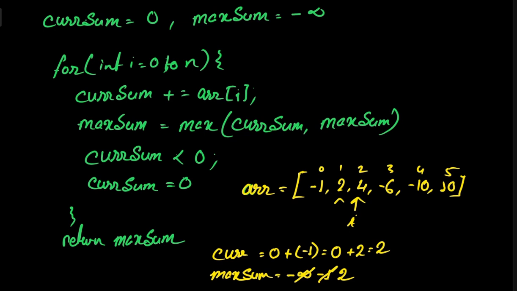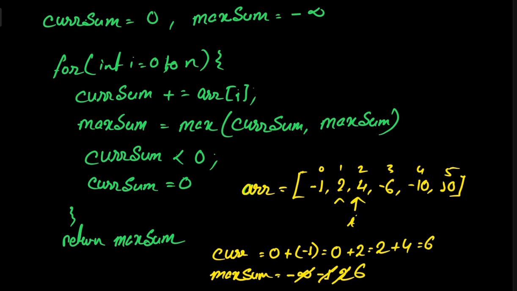Now the current sum will also be incremented with this ith element, so it will be +4. Then it is 6. Is 6 greater than the maximum? Yes, so the maximum will be 6, and it will again check if the current sum is less than 0.